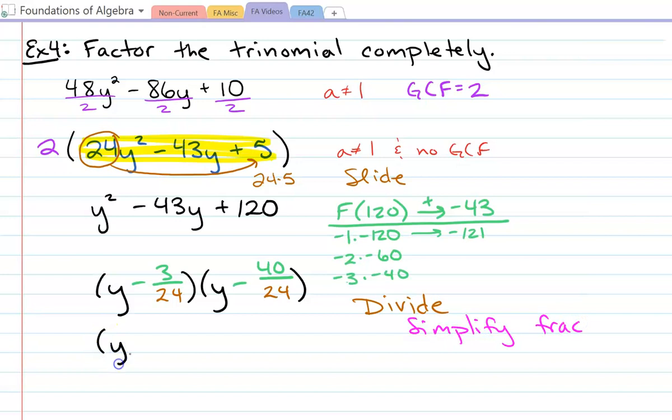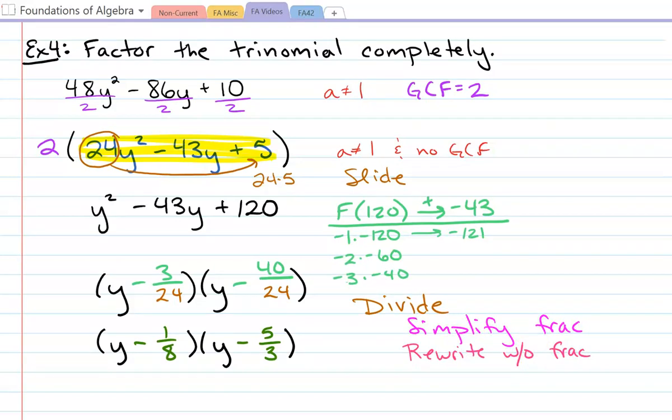Okay. Simplify the fractions. So we get y minus 1/8, y minus 5/3, and last we want to rewrite without the fractions.